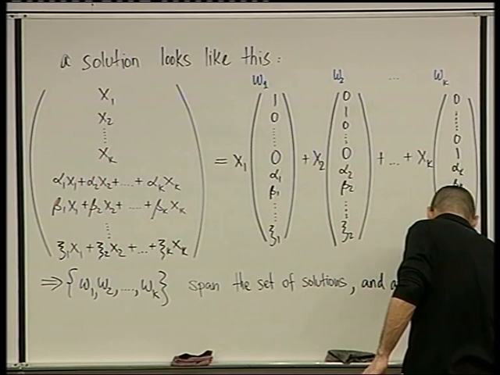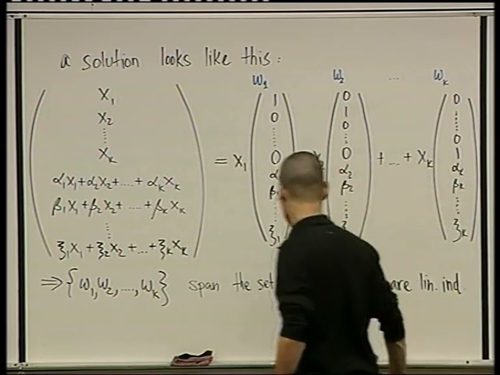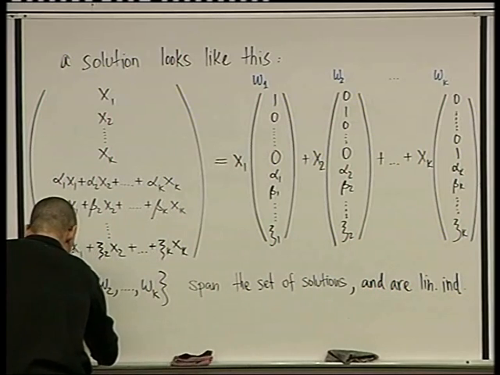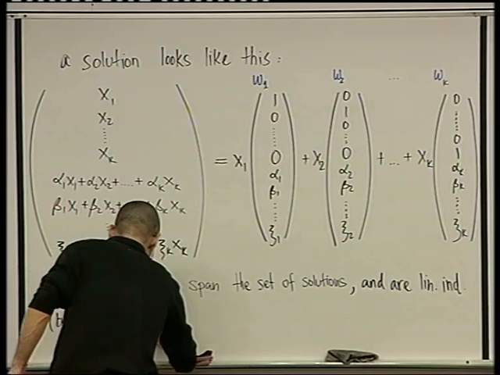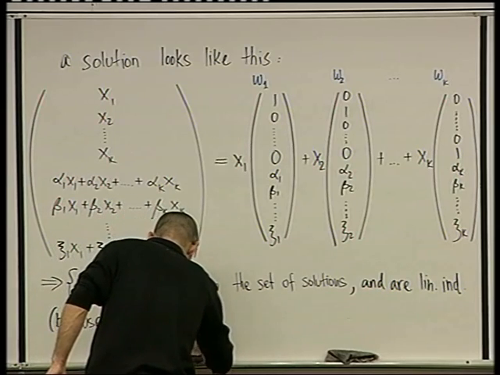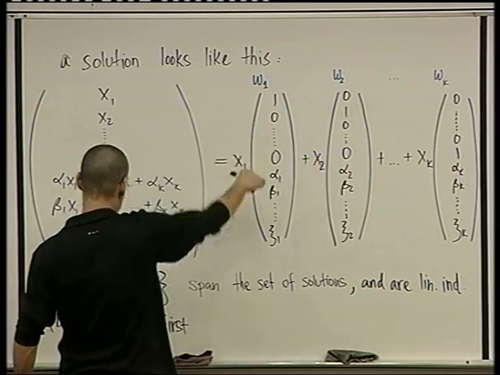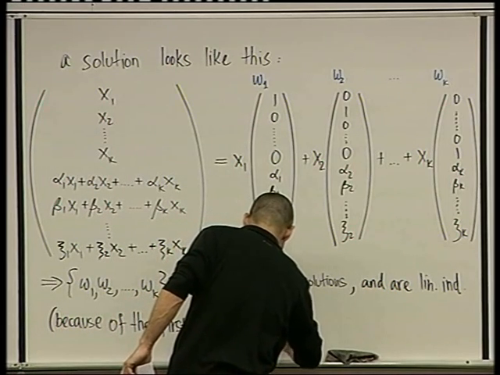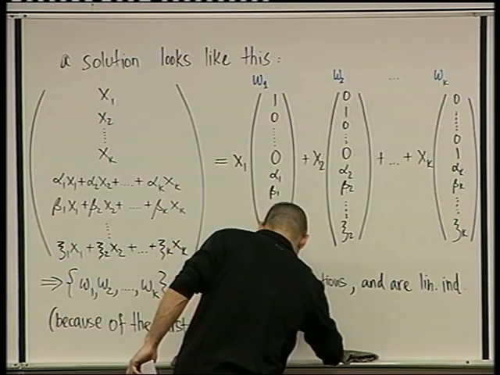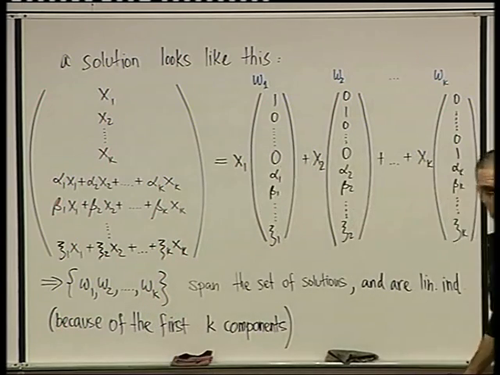Okay. So they span the set of solutions and are linearly independent because of the first k components, entries. Do you agree?